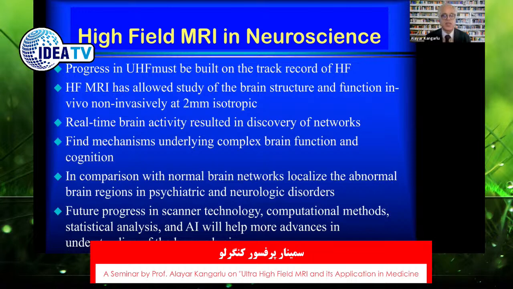So EPI, echoplanar imaging, is a technique that allows us to acquire in sub-second or 1 or 2 second images, depending on field strength, depending on your hardware, depending on the sophistication, whether you have a multi-band sequence, whether you can excite different regions at the same time, or whether you can acquire multiple signals at the same time by the same detector, by the same RF coil, the so-called parallel imaging technique.